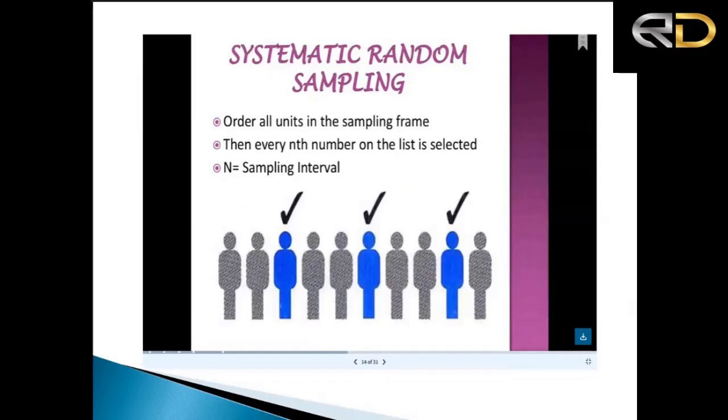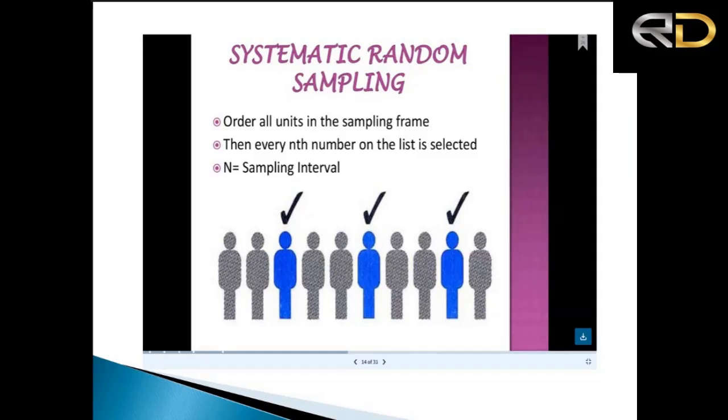Now we come to systematic sampling. We have talked about the sampling frame, that is a complete, up-to-date list of all units under consideration of the population.